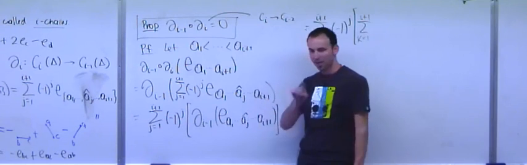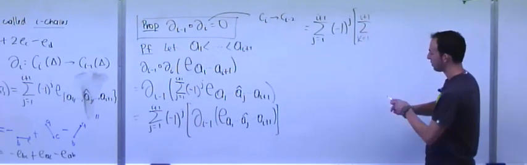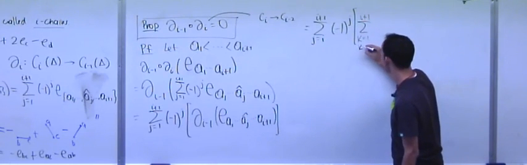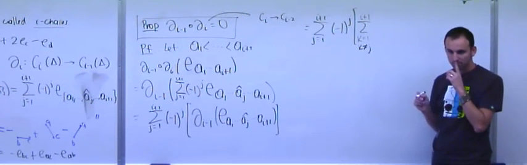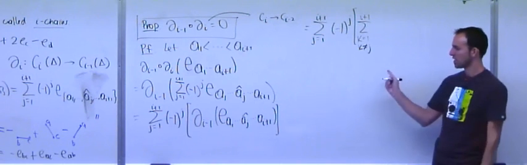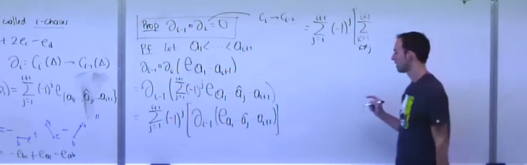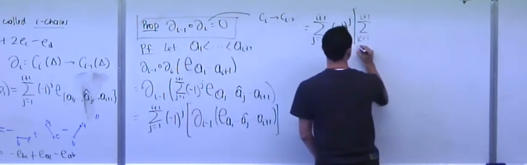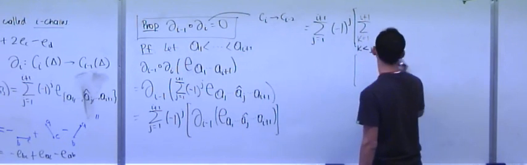Whenever I put a hat on the variable, that means that that variable is not there. Okay? So I need to take the summation over k from 1 to i+1 and all the k's different than j. Okay? But I'm going to do that in two steps. First, I'm going to do it for the k's less than j, and then I'm going to do it for the k's bigger than j. Maybe you see why, or if not, you'll see why in a second. So let's do this, and then let's do plus the same thing.